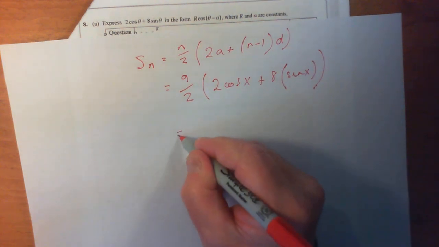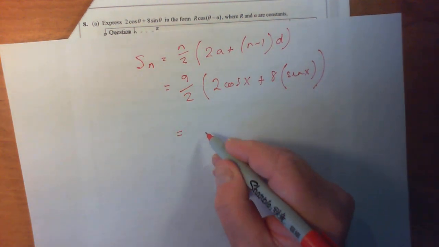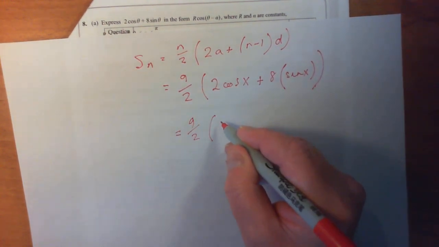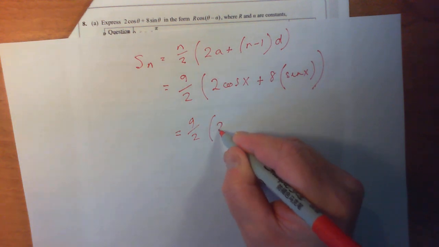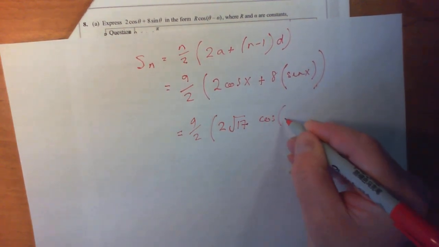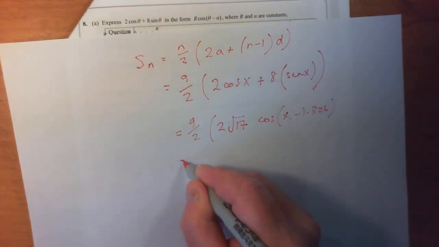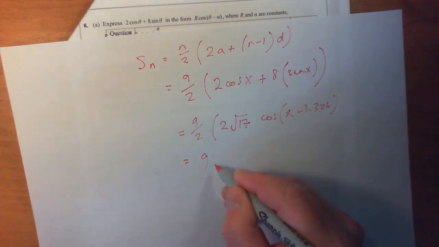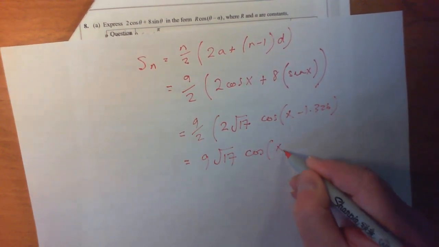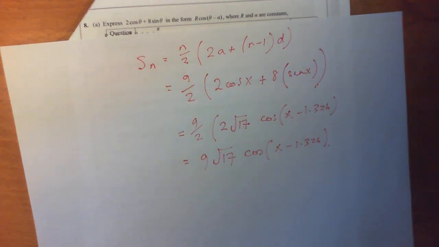By doing that, you'll get, because I've got the figures at hand, 9 over 2, did I just give you that? Yeah, I just gave you that before, so it's 2 root 17 cos x minus 1.326, which equals 9 root 17 cos x minus 1.326.